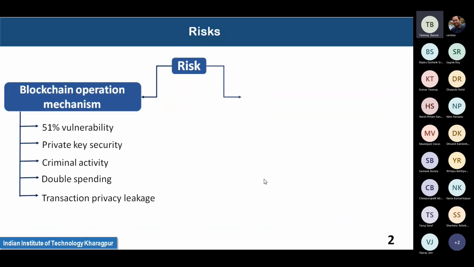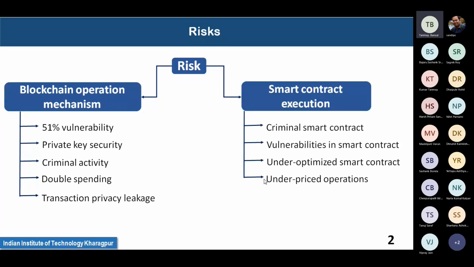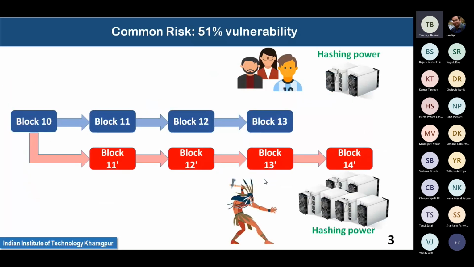And under the specific risks, we talked about the vulnerabilities and security issues that originate due to the basic blockchain operation mechanisms. And we said that for smart contract execution, there are of course other types of risks, just because that is again some piece of code running.